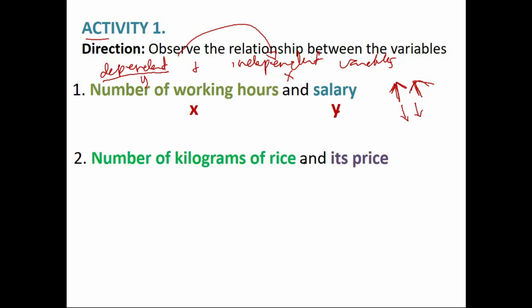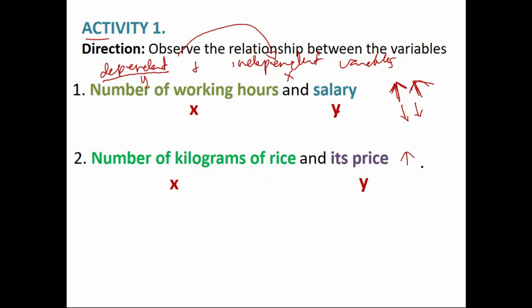number of kilograms of rice and its price. So which one do you think is the dependent variable and which one is the independent variable? Obviously, the price is the dependent variable, while the number of kilograms of rice is the independent variable. The price will always depend on the number of kilograms of rice.